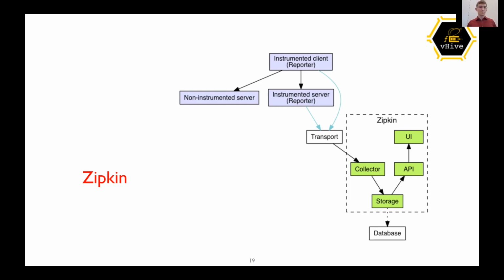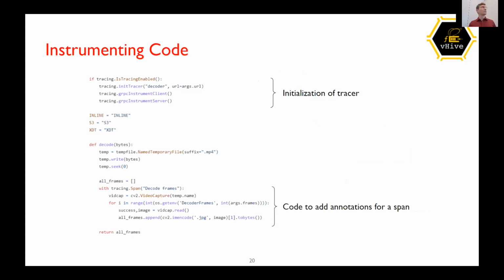So how does this instrumentation work? You can see here an example of Python code that we have instrumented. We only needed to start the tracing, which is the very top part. Then you can see in this with clause, we say that this is the tracing span.